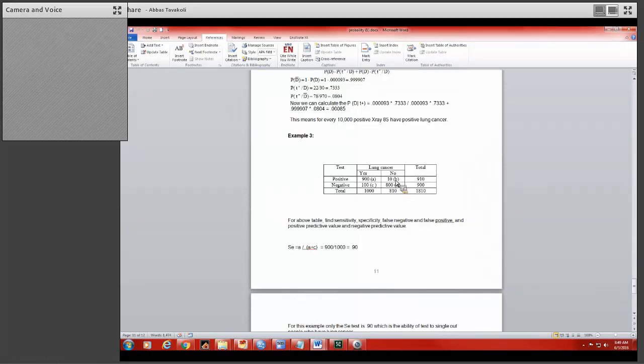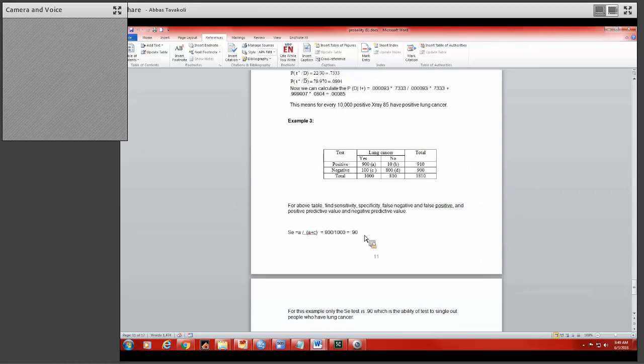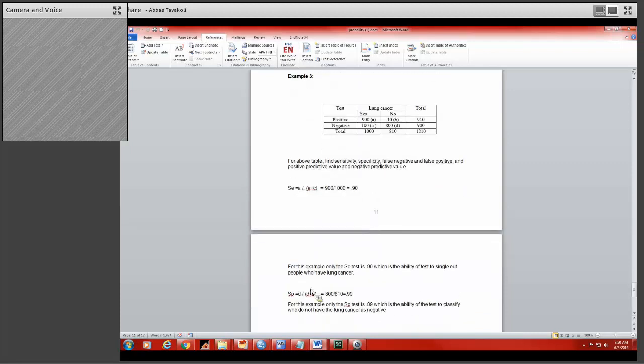So if you look at your handout, you would be able to see a similar example you have here. So if you assign A, B, C, D, which is true positive, and here is your true negative, and this is false positive, and then false negative, you can easily calculate the sensitivity.